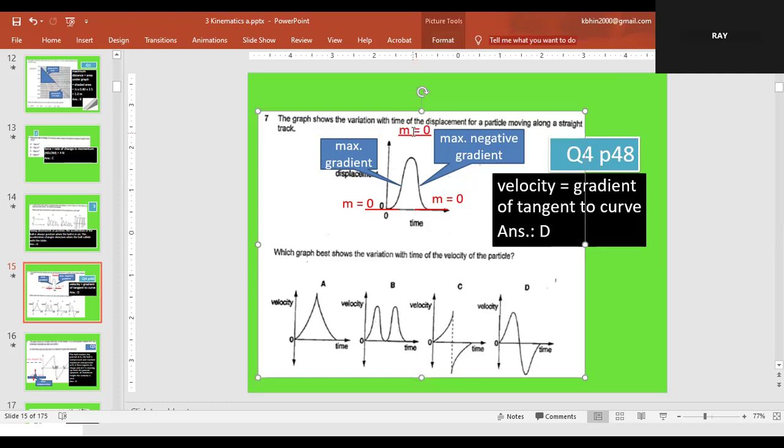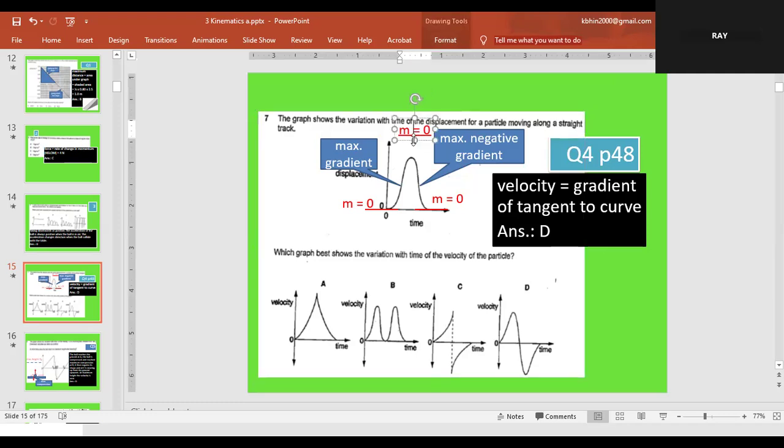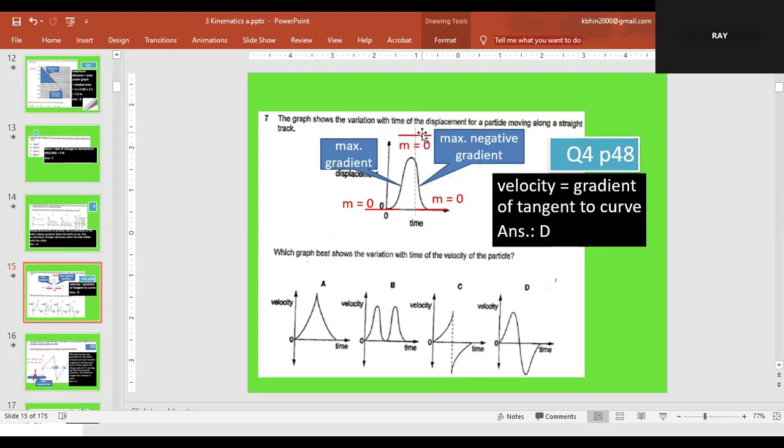Zero at that point there. And maximum is at the center here. Maximum gradient is here, positive. Minimum is maximum negative.